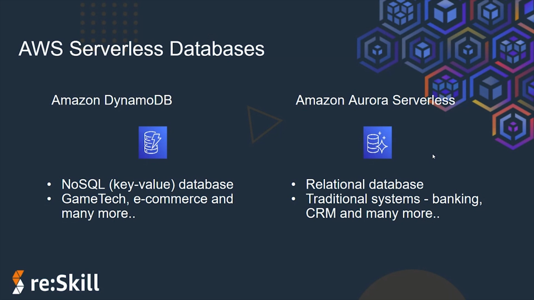This is primarily used in game tech, e-commerce, and since it's highly scalable, it's also used in places where there's a huge traffic spike, and the performance is amazing with DynamoDB. Aurora Serverless is the traditional relational database, which systems built using relational databases, such as banking or CRMs, adopt, and it also supports Postgres and MySQL.